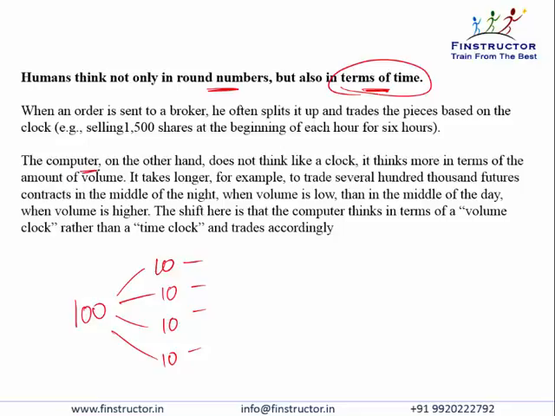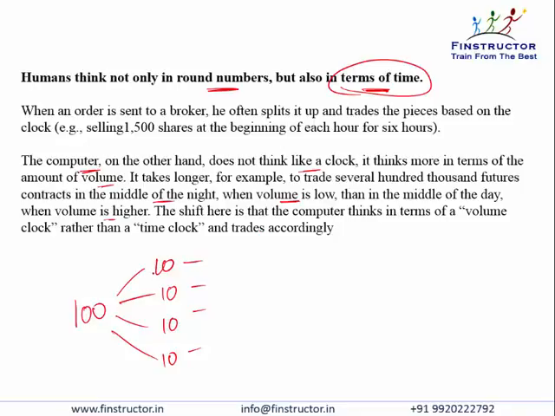However, the computer does not necessarily think like a clock. It thinks in terms of the amount of volume or the liquidity to execute a trade. So it takes longer, for example, to trade several 100,000 futures in the middle of the night when the volume is low than in the middle of the day when the volumes are higher, people are awake and trading. So the computer will normally increase the trading volume at times of good liquidity or when volume is high.